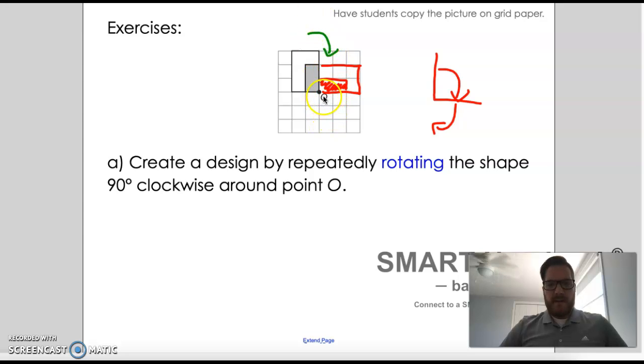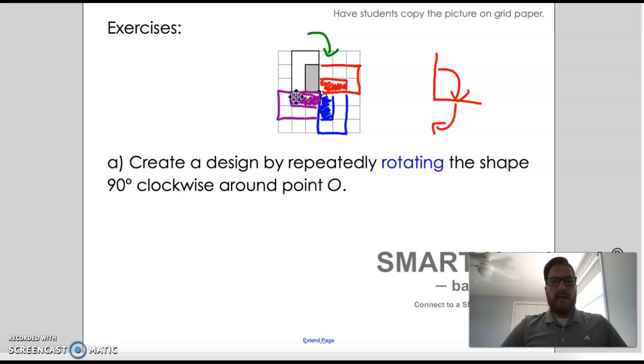Okay, and then if I do it again, 90 degrees around this point, this will be the shape. And again, I apologize for the lines here, but again, this is going to be a 90-degree rotation. And then if we do one more, 90 degrees clockwise, it's again a quarter turn.